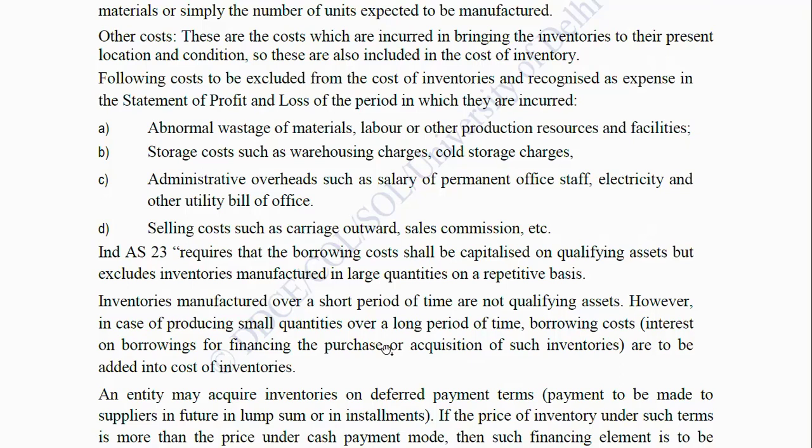Storage costs such as warehousing charges, cold storage charges; administrative overheads such as salary of permanent office staff, electricity and other utility bills of the office; selling costs such as carriage outward, sales commission, etc.